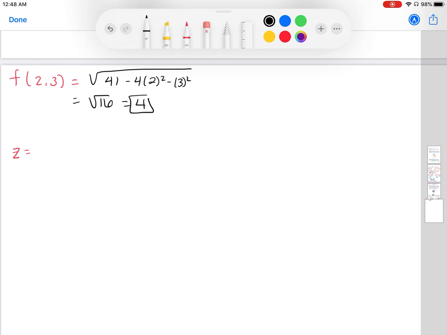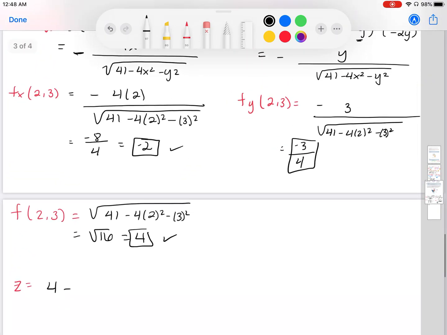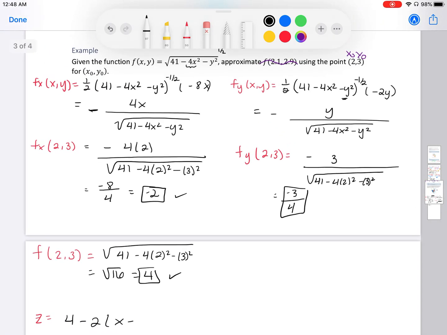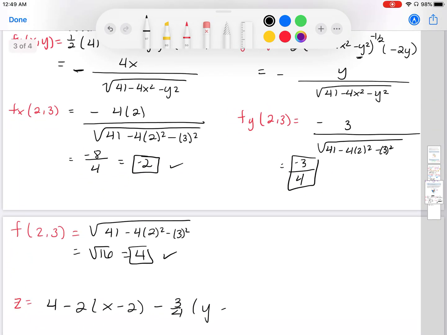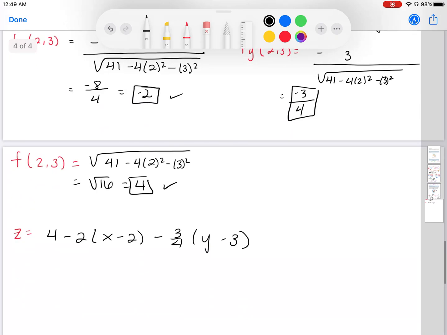It would be made up of 4, and then negative 2 times x minus our x point, which is 2, and then negative 3 over 4 times y minus our y point, which was 3. Now we can clean it up. We distribute those values into our parentheses, and we're left with negative 2x minus 3 over 4 y plus 41 over 4.